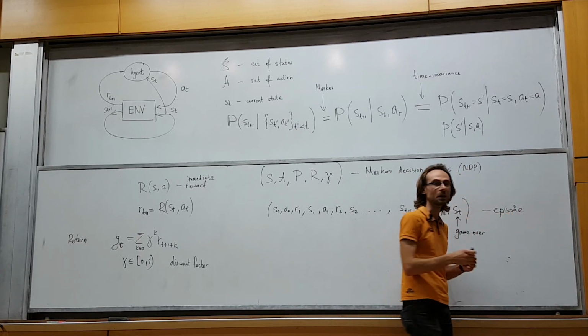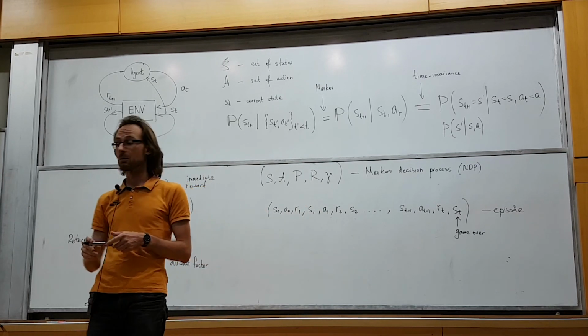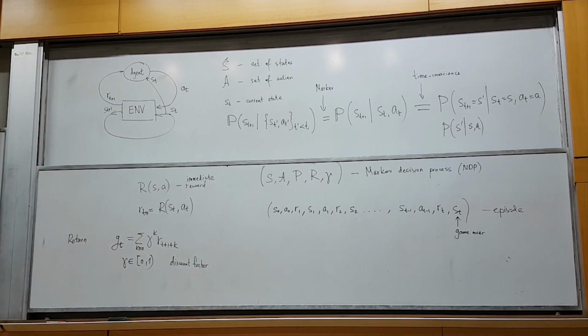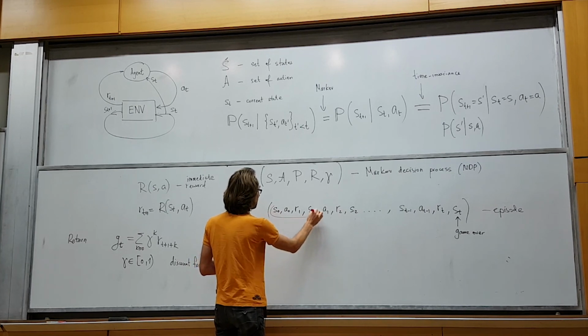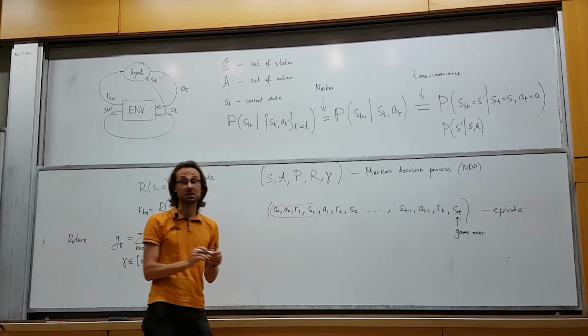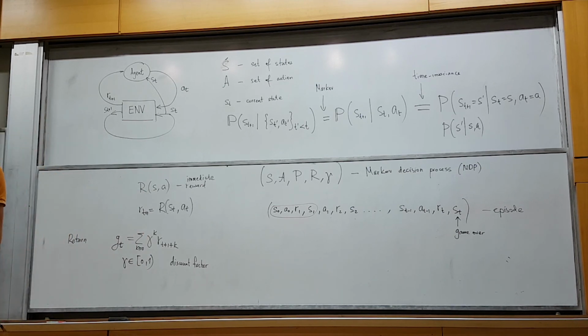At least this is called an episode in the learning community terminology, and a subsequence, basically a subpath in this trajectory, is called an experience. I will call an experience basically this transition. You are in a certain state, you act on it with a certain action, you receive a certain reward, and you transition to a new state.